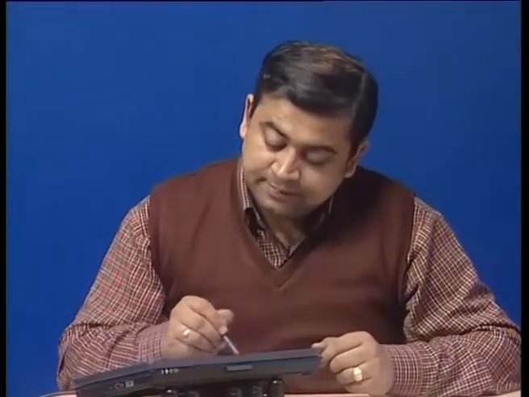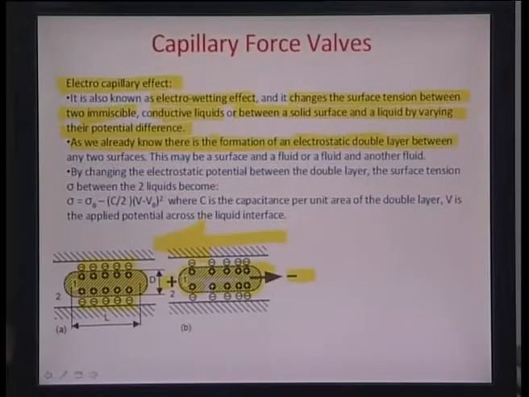Okay, so what will happen here is that, as we already know, there is a formation of an electrostatic double layer between any two surfaces. This may be a surface of a fluid and another fluid, and if you change the electrostatic potential between the double layers, the surface tension between the two liquids would become sigma new, which is equal to sigma old minus the amount of capacitive energy that you are pumping into the system, half C times (V minus V0) squared.